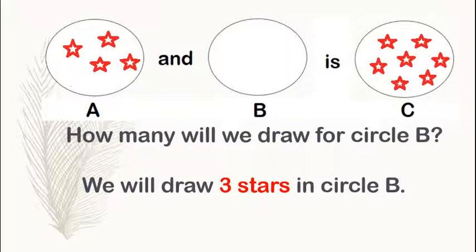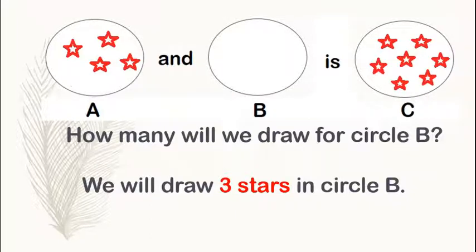So the question is, how many will we draw for circle B? We know that circle C has 7 and circle A has 4. So we need to think of how many we need to count to get the number of stars in circle B.